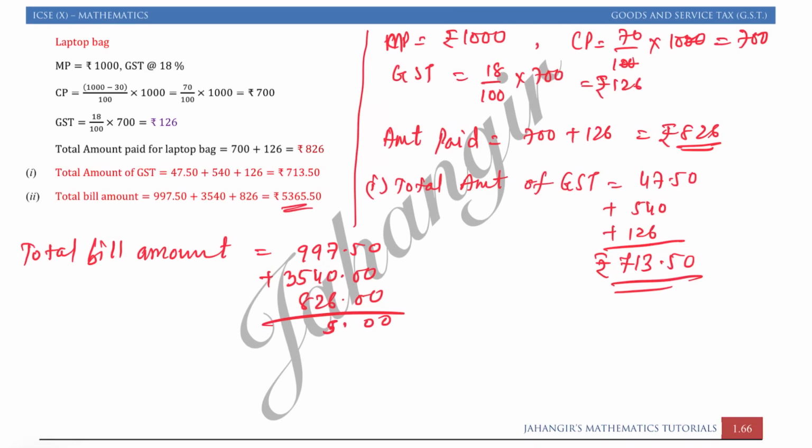Let me check. 997.50 plus 3,540 plus 826. So it is 5,363.50 rupees. So this is the final answer.